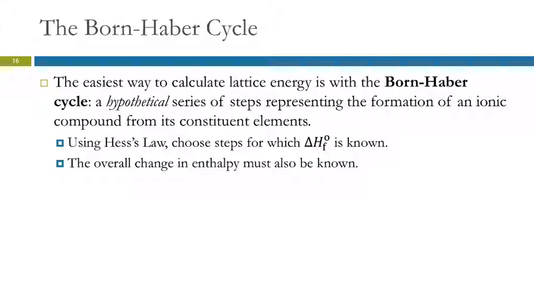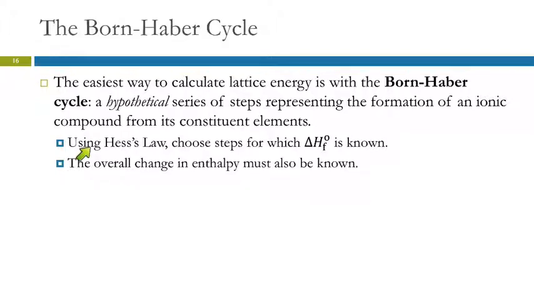Hess's law says that if we can write chemical equations that we can add together to form the overall reaction, and we know the heats of reaction for those individual steps, we can just add them together and find out what the overall change in enthalpy is.